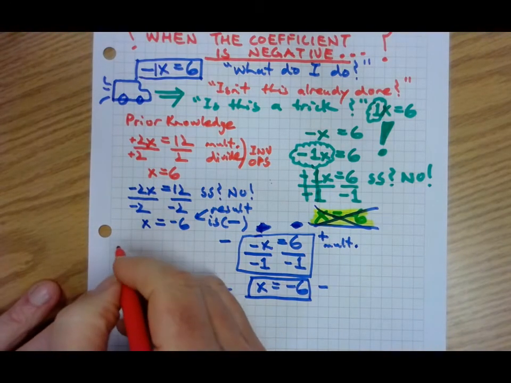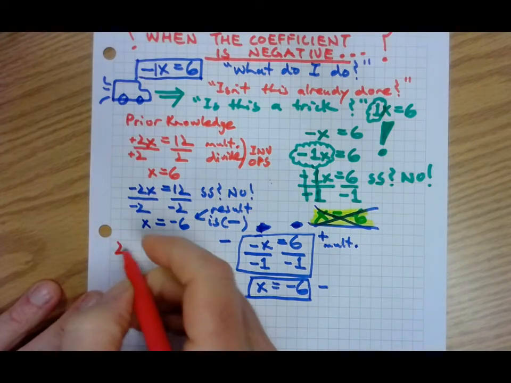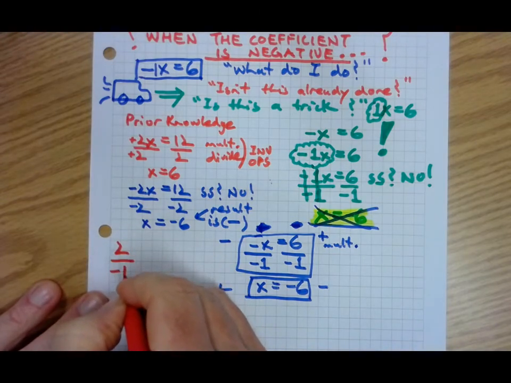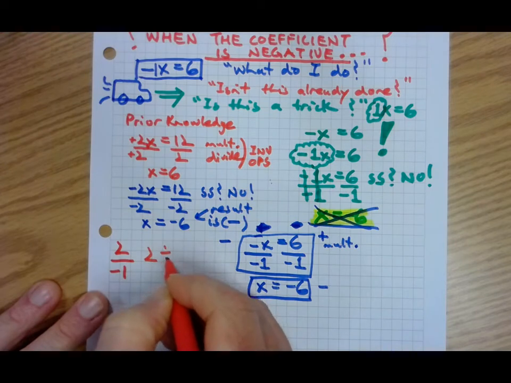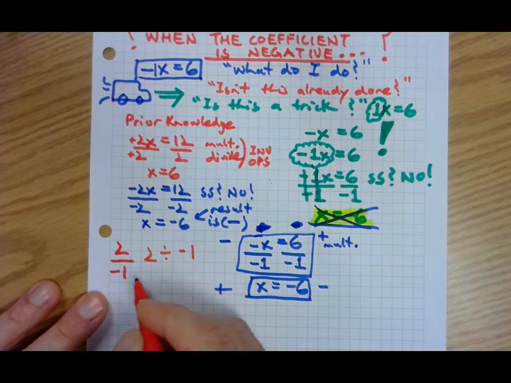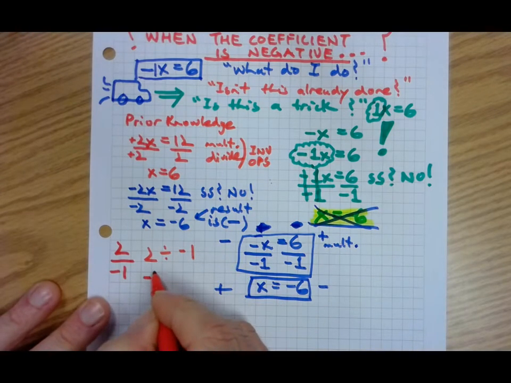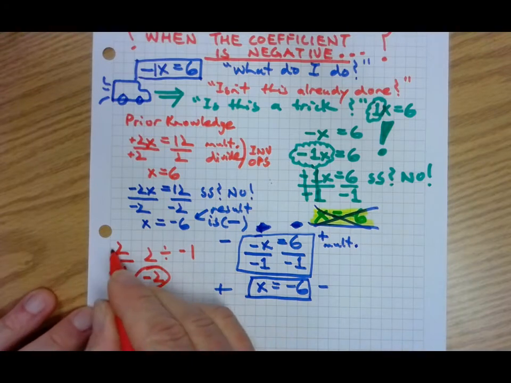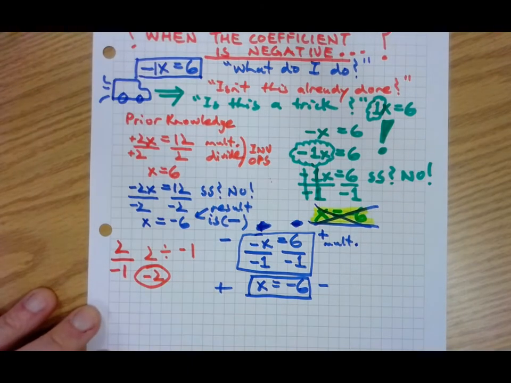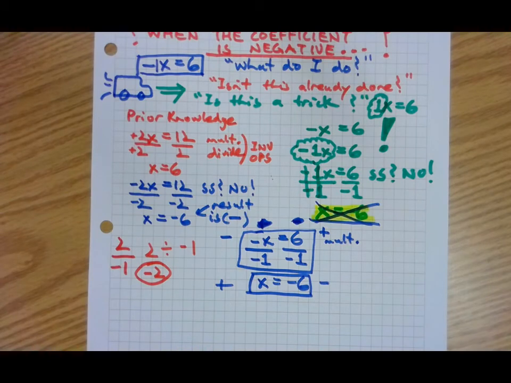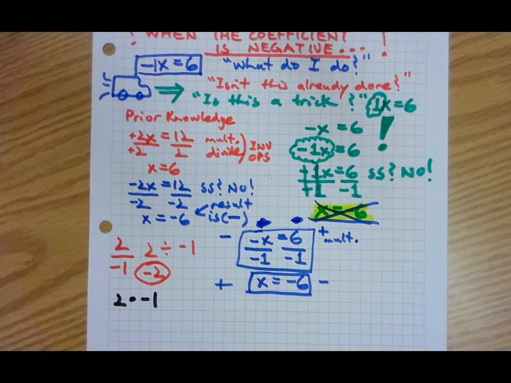I'm curious, hey, what's 2 divided by -1? -2, right? Opposite signs, negative answer. Here's another question for you. What is 2 times -1? It's the same thing, right?